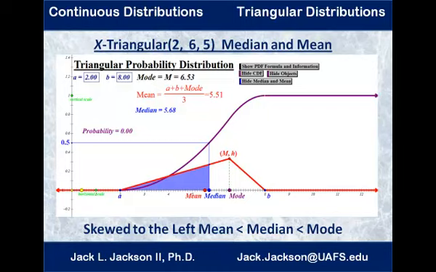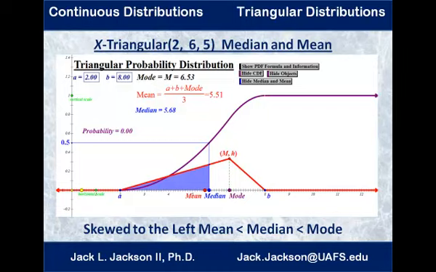Now, the mean is a little harder to show why this is true, but I did a bunch of calculations, and it turns out that when the dust settles, we have a nice little formula for the mean. The mean is just the average of the A and the B and the mode. So it's A plus B plus mode divided by 3.